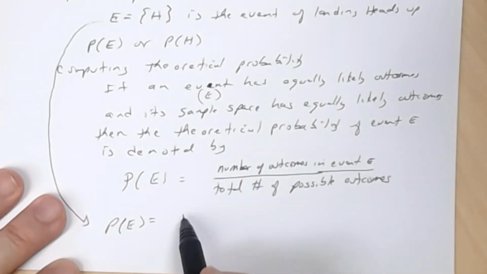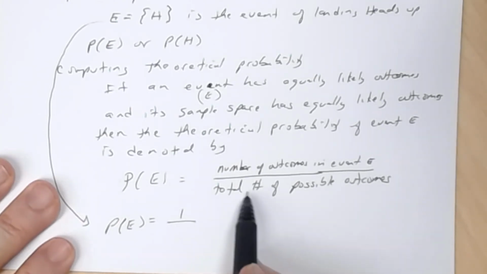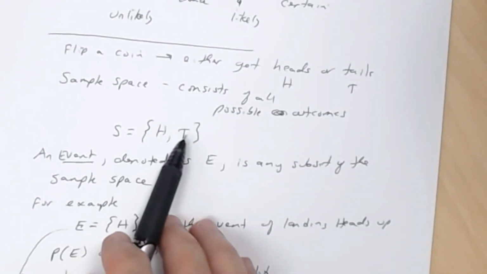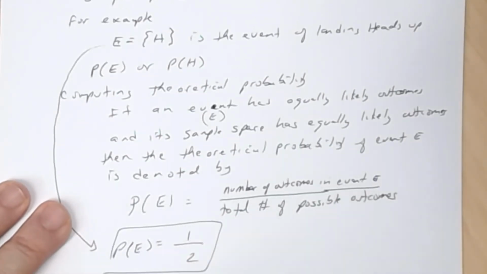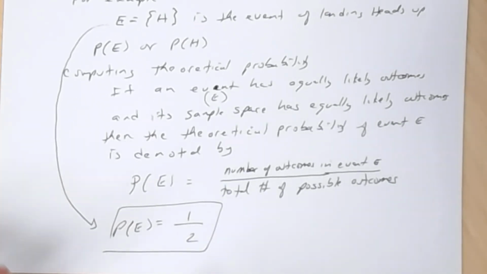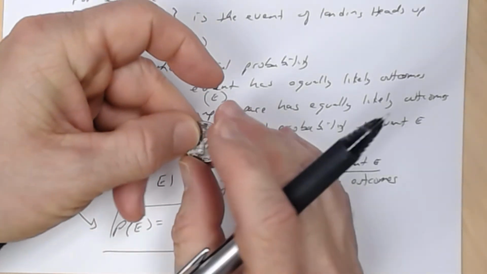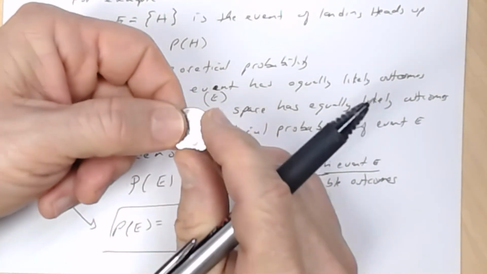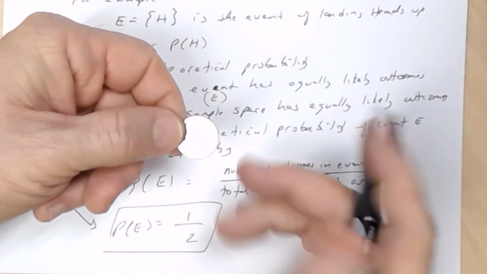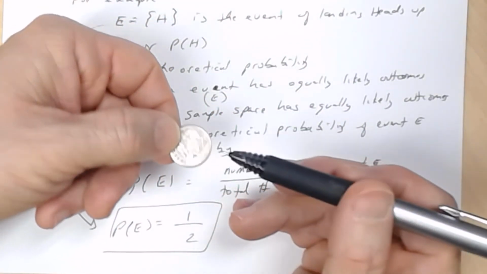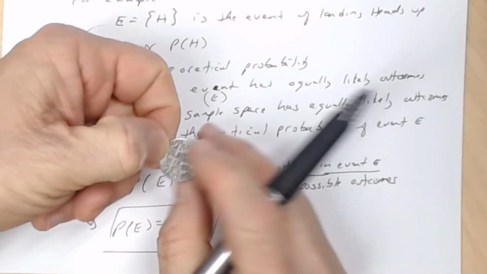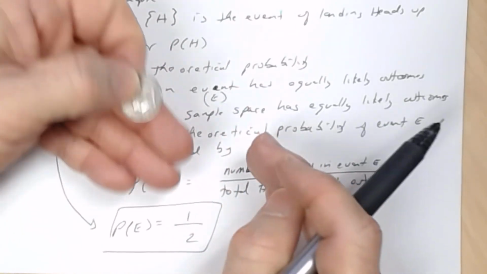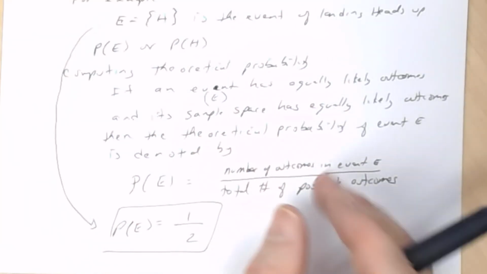So that'll be 1 divided by the total number of possible outcomes. What could happen when I flip a coin? I can either get heads or tails. How many do you see? 2. And so that'll be your answer. So the probability of heads landing up is 1/2. It kind of makes sense, right? Theoretical. So how many sides do you see? 2. So when I flip it, either heads lands up or tails lands up, right? So each one has the same probability, 1/2 each.